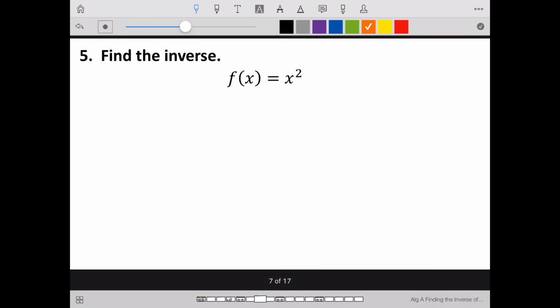Example number 2. Remember, f of x is really the same as y. So we have y equals x squared. We're going to take the x and the y, and we're going to switch their spots.